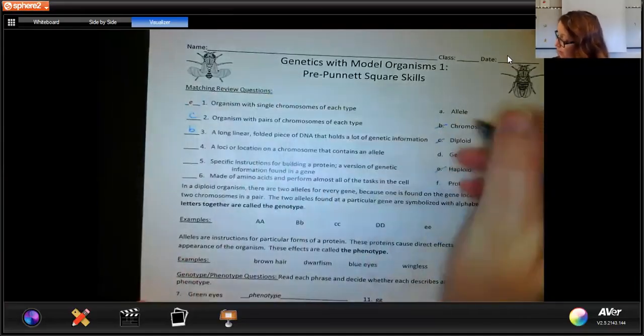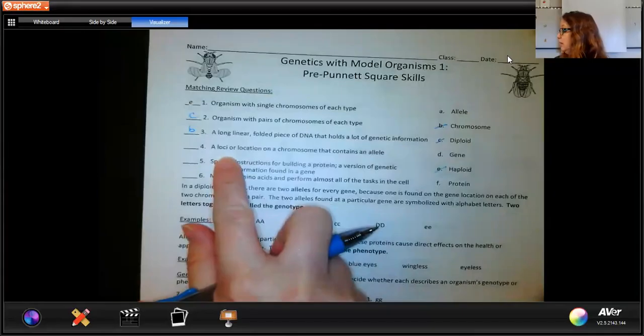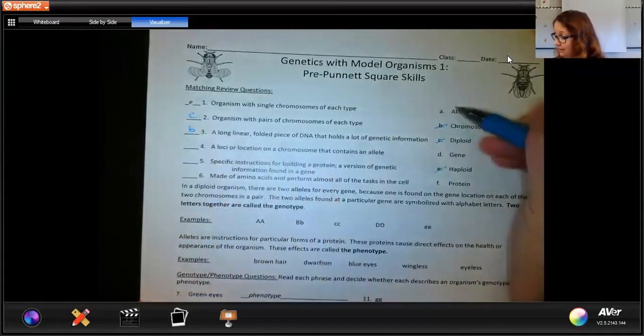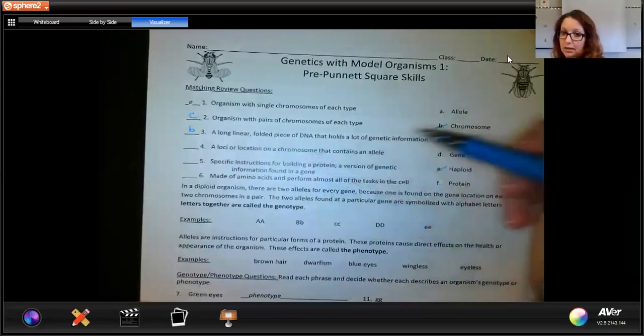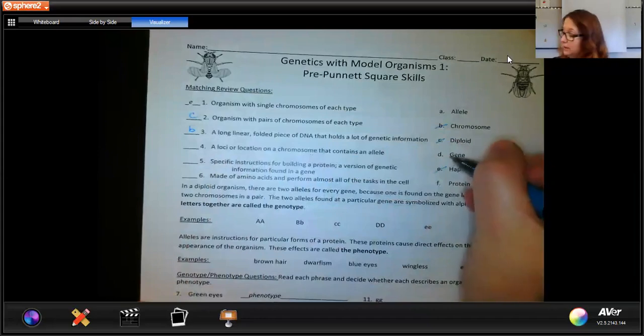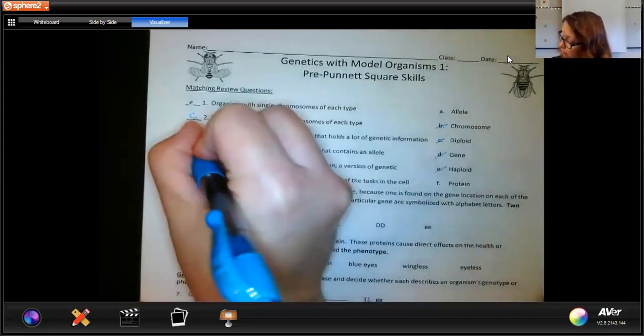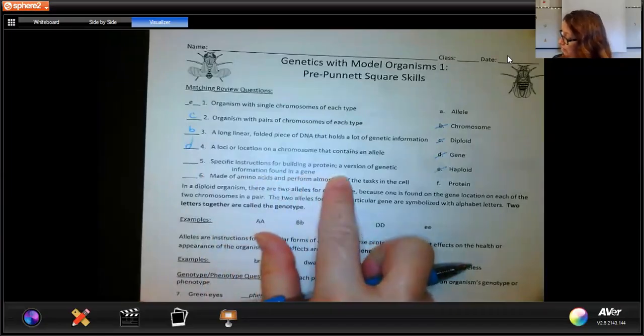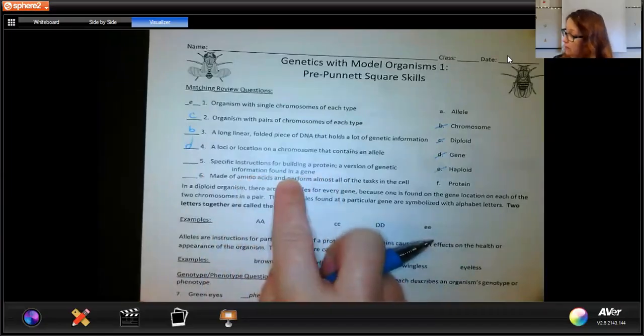Good. A loci or location on a chromosome that contains an allele. So we know it's not an allele because we're containing an allele. The loci is a place on a chromosome. Genes are found in specific places on chromosomes. So that's D.